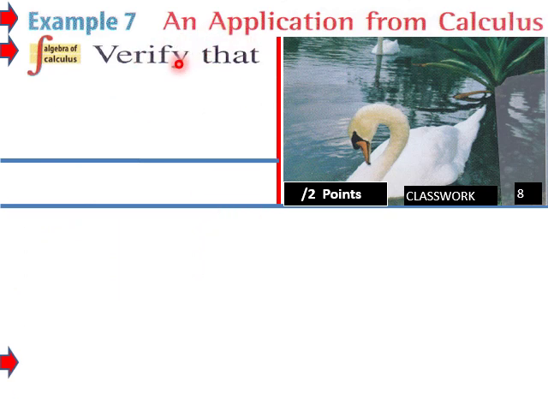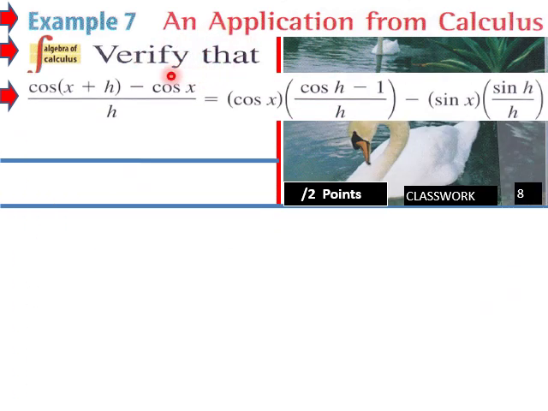Okay, an application from calculus. Verify that cosine of x plus h minus cosine x, all over h, will equal cosine x times cosine h minus 1 over h, minus sine x times sine h over h. So we need to verify this. This looks a lot like the derivative formula for a function in calculus, where h cannot equal 0.